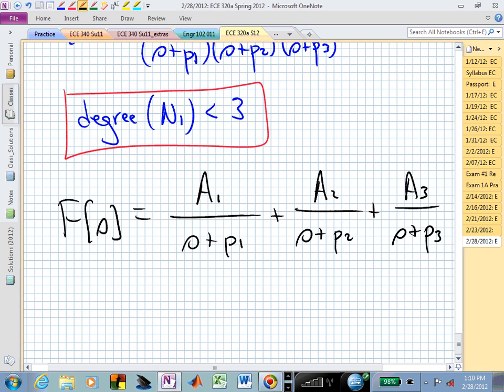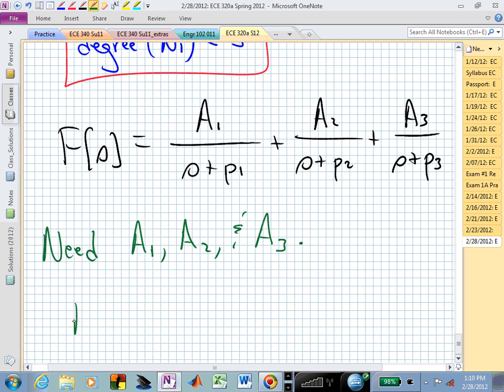That's what we're wanting to do. We want to factor this in such a way that we can now go immediately into the time domain from these expressions. And all we need then are these coefficients. We need A1, A sub 2, and A sub 3.